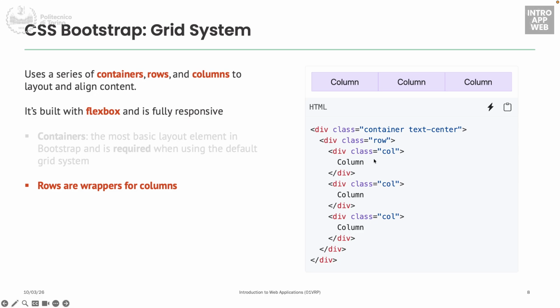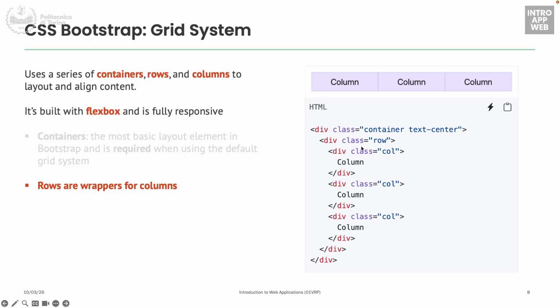We will just use these classes, but if we had the chance to open them and see how they work, we would see that this one is a display flex. That was exactly the same as what we did before. And this one is a flex item that will be within the flex container, and it's basically the same logic here conceptually.